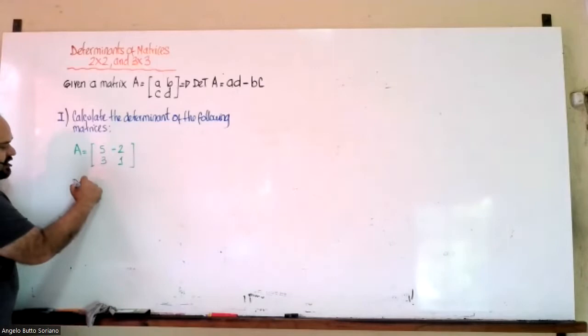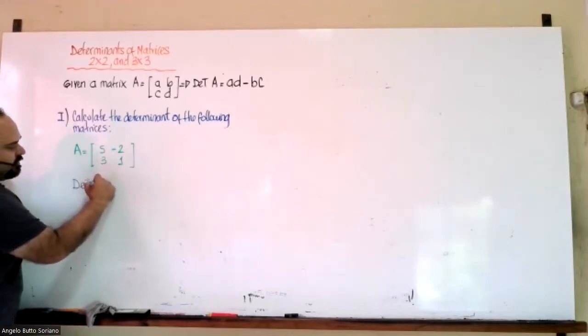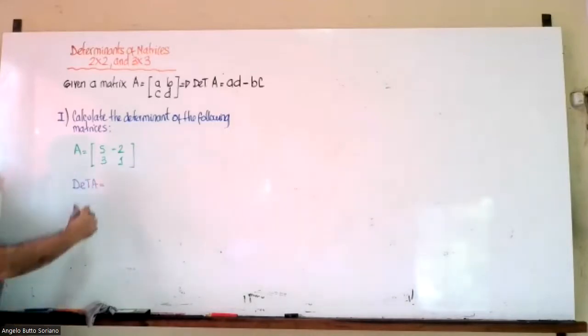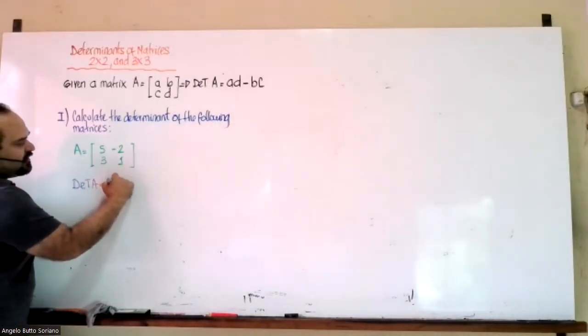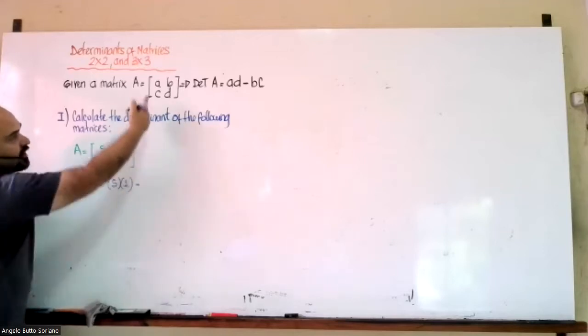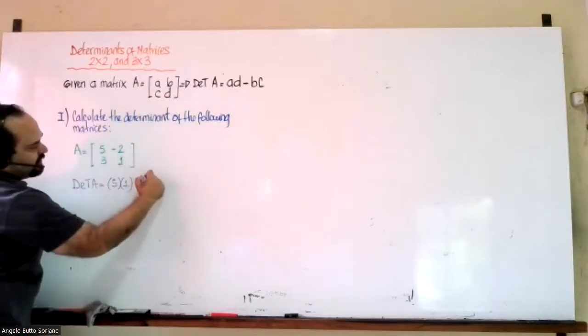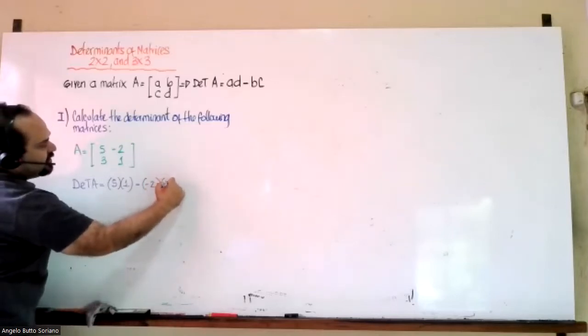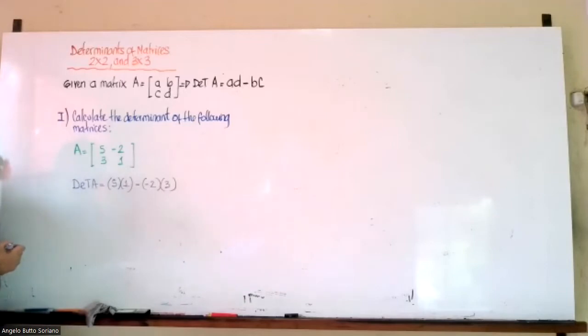Determinant A will be equal to the difference of the cross products. I mean, we must multiply 5 times 1, subtracting, according to the formula, parentheses, -2 and +3.